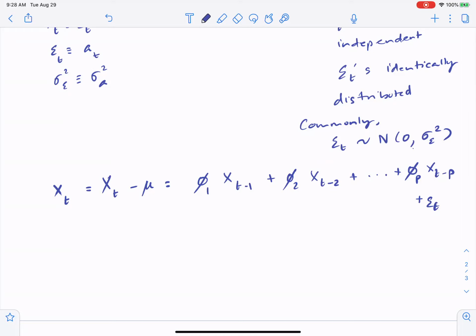If I'm going to express a model where at time step t I'm subtracting the mean, then naturally should that be happening for all the past times, xt minus 1, xt minus 2, etc.? Yes, of course. The book uses z sub t with the tilde. I'm doing the same thing.